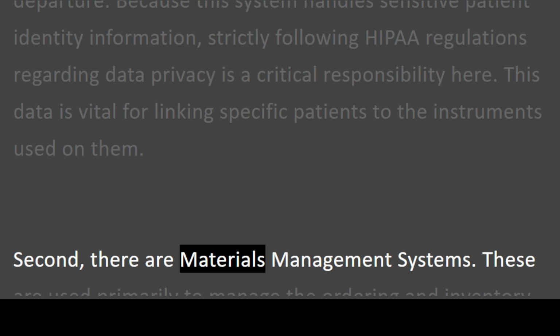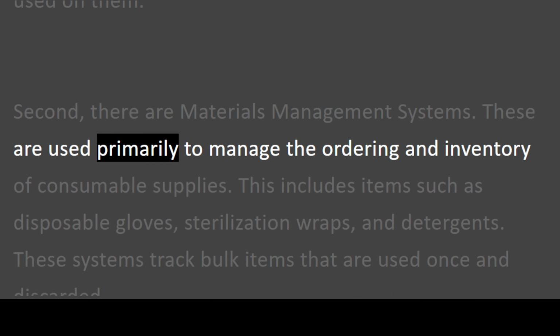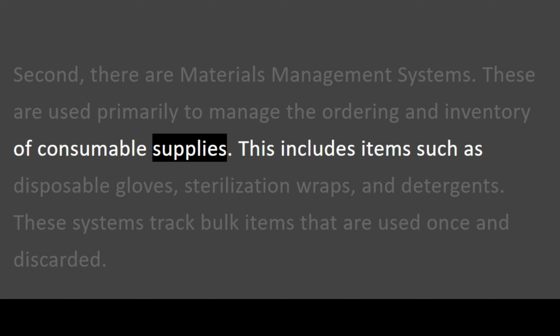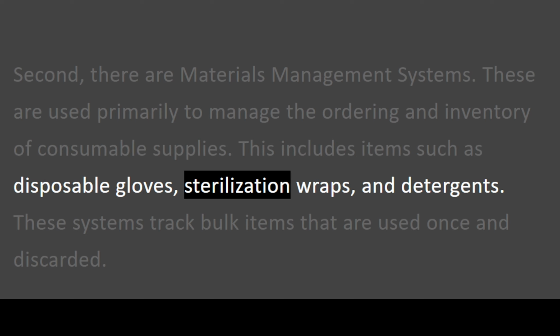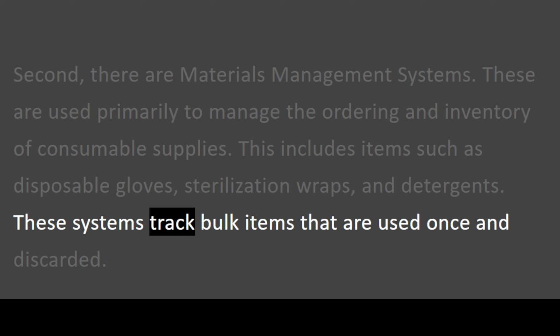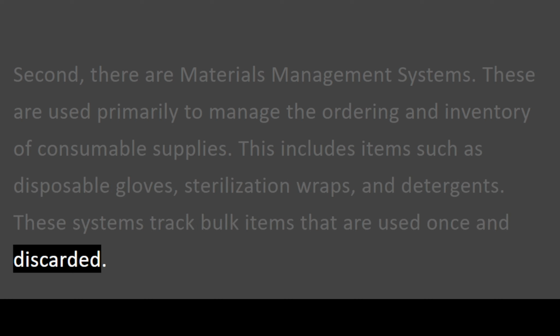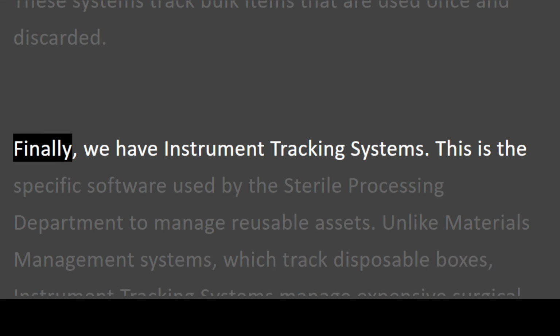Second, there are materials management systems. These are used primarily to manage the ordering and inventory of consumable supplies. This includes items such as disposable gloves, sterilization wraps, and detergents. These systems track bulk items that are used once and discarded. Finally, we have instrument tracking systems.